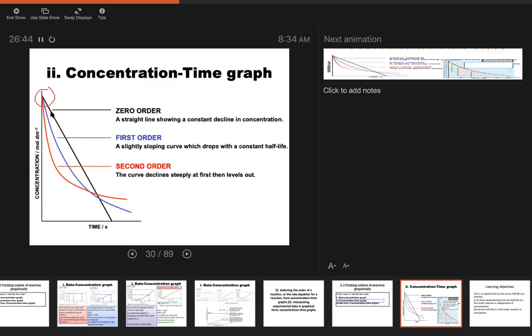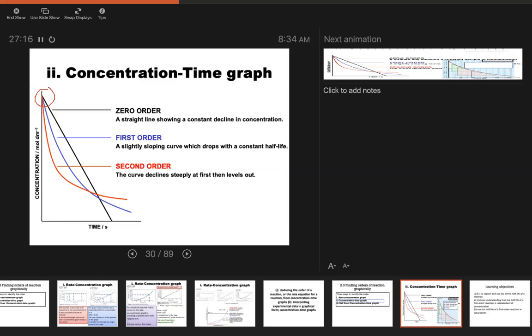We want to look at the rate. Now, how do you find the rate of reaction from a concentration-time graph? If I remind you that rate of reaction equals change in concentration over time, can anyone answer me? How do I find the rate of reaction from a concentration-time graph?